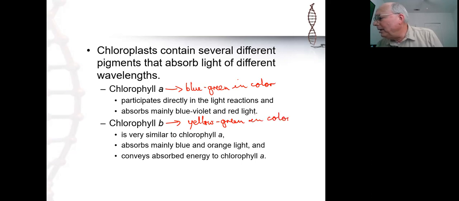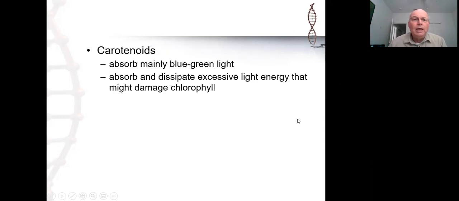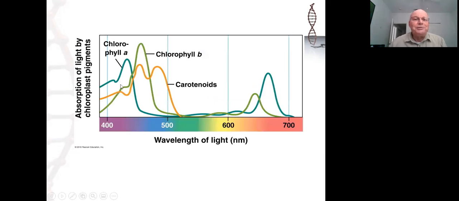And as you might guess, because they appear to be different colors, they're absorbing slightly different wavelengths of light. And so when we take a look at how the chlorophylls absorb light, you can see that the two absorption curves of chlorophyll A and chlorophyll B don't exactly overlap. They do kind of overlap, but not exactly overlap.